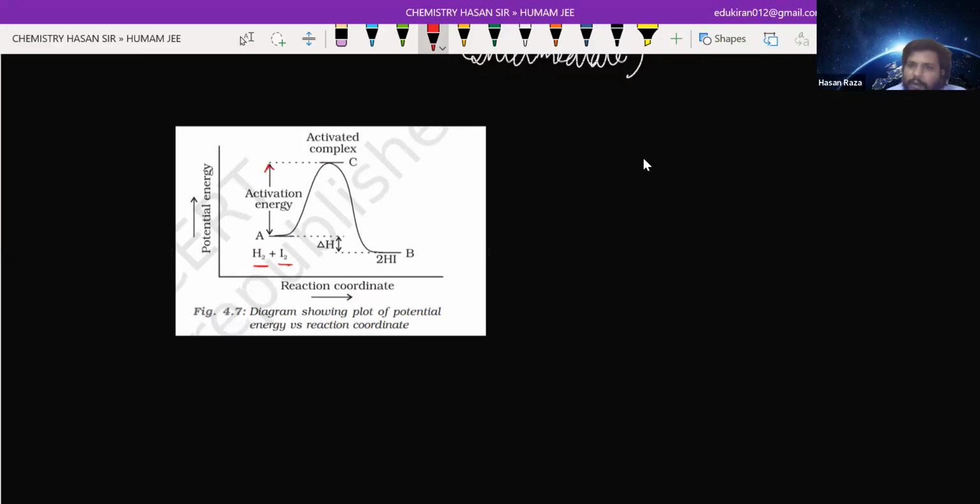And always remember, this energy is inversely proportional to stability. So as you can see, first you are going to give some energy, and since they will get energized, they are very less stable. And after that, if they reach the activation energy, basically this is your threshold energy.